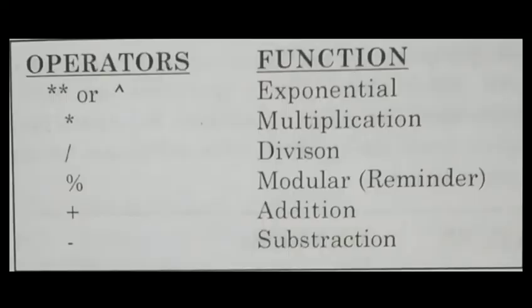Some operators are used for mathematical operations just like square, cube, double, triple, addition, subtraction, multiplication, division, etc. These operators are known as arithmetic operators. The arithmetic operators of Foxpro we can display in a particular sequence. I am giving you the sequence.